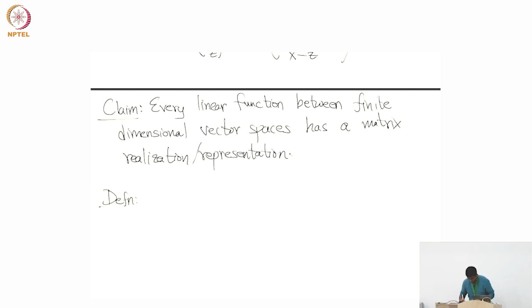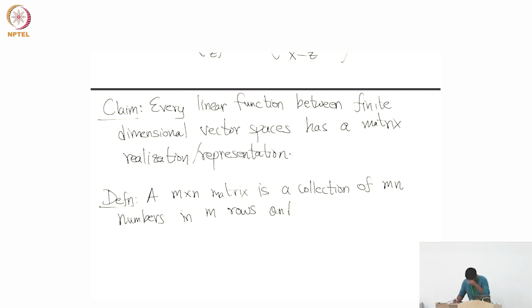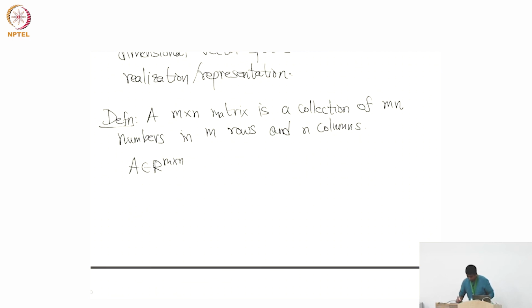Definition: an M cross N matrix is a collection of M times N numbers in M rows and N columns. If A is an M cross N matrix with real entries, it could have other entries too, but since our theme is real, we'll stick with real valued matrices.